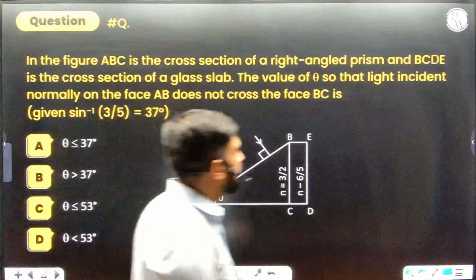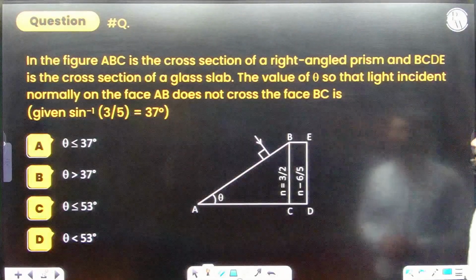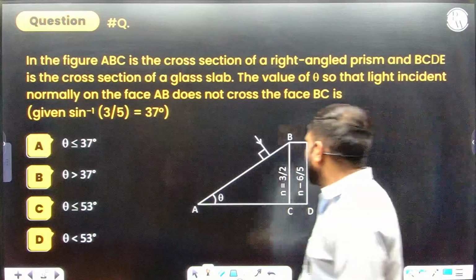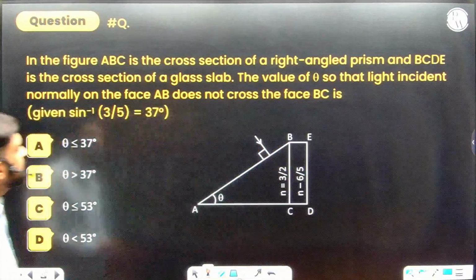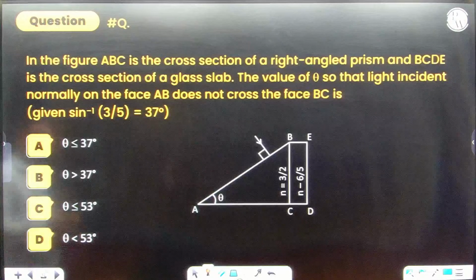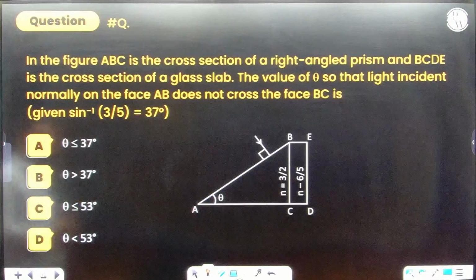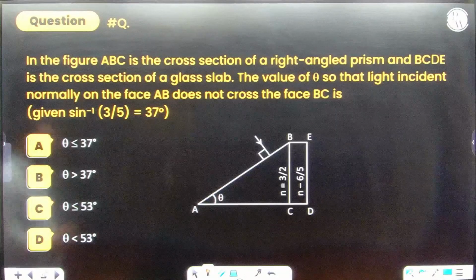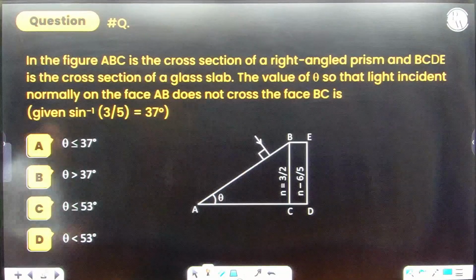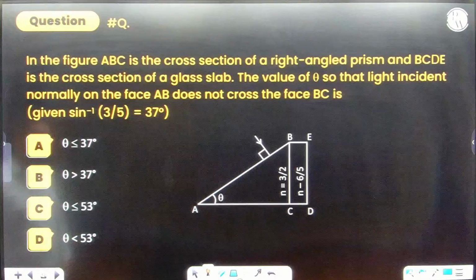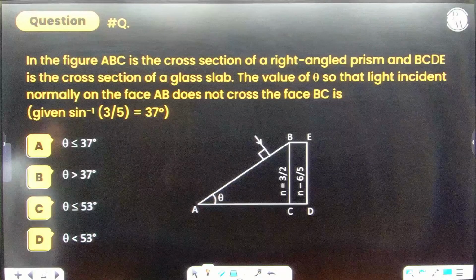Next problem. They are saying we have a right angle prism ABC, and there is a glass slab of cross section BCD. Find the value of angle theta of the prism such that a light ray incident normally on the face AB does not cross through the face BC.